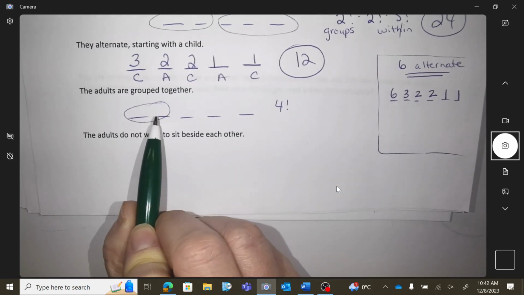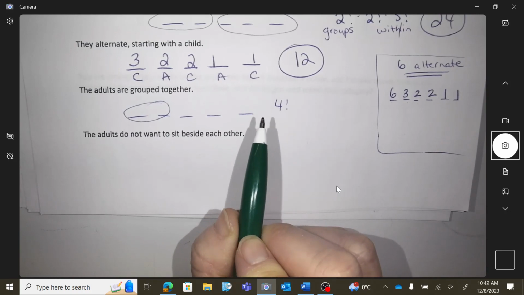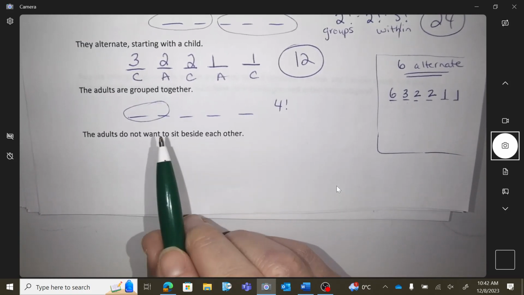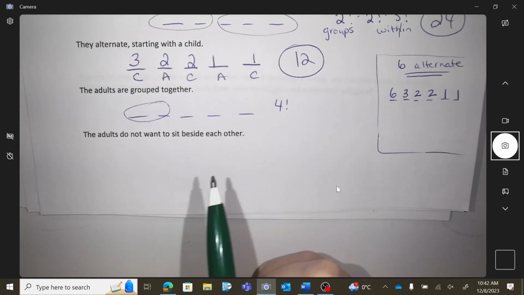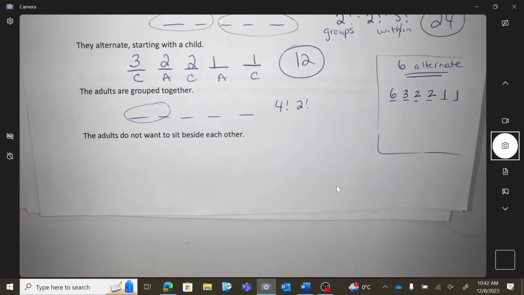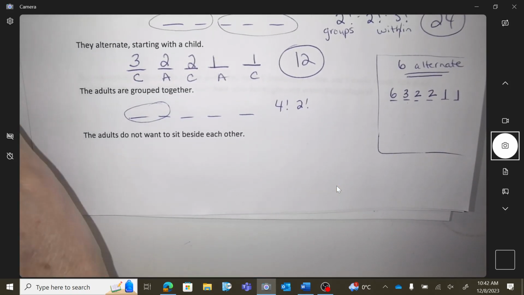I could go adults, child, child, child. I could put 1 child, then the adults, child, child. Or I could go child, child, adults. Okay? And then what can the adults do? They can flip-flop. How many groups? What's happening within groups?